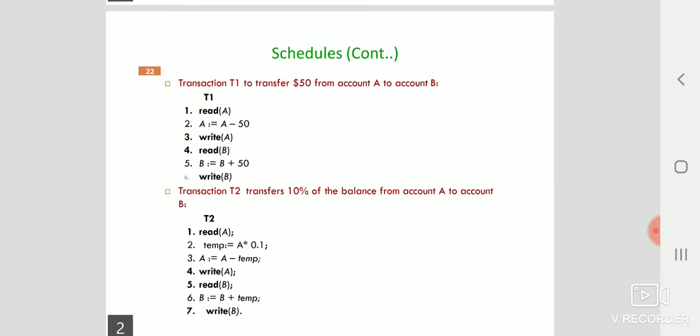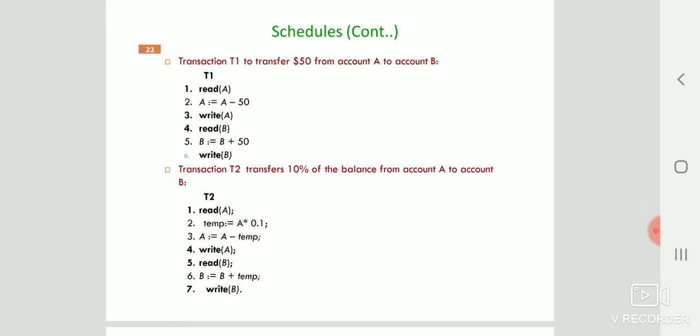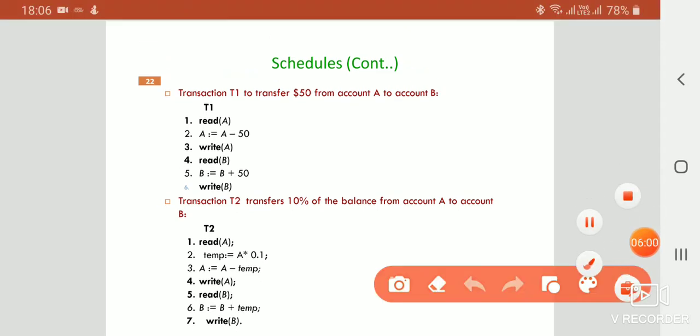So we'll see next, with this example, different schedulings. In the first example, transaction T1 is to transfer $50 from account A to B. For that, we have a set of instructions that transaction T1 holds.